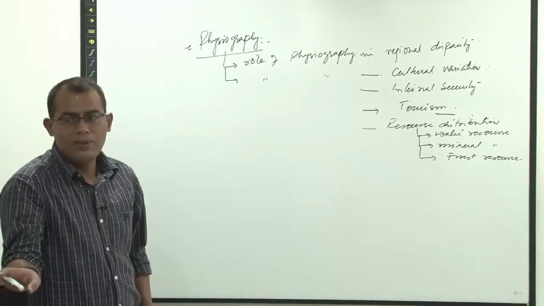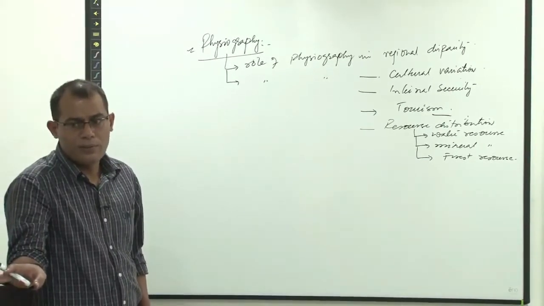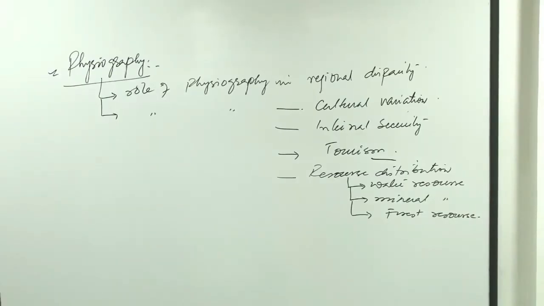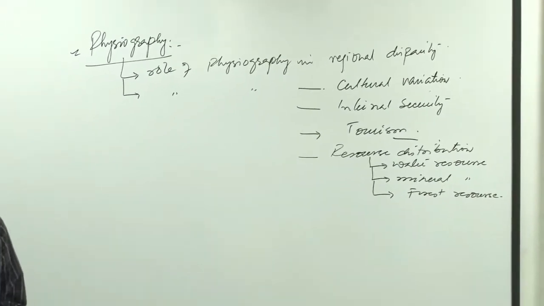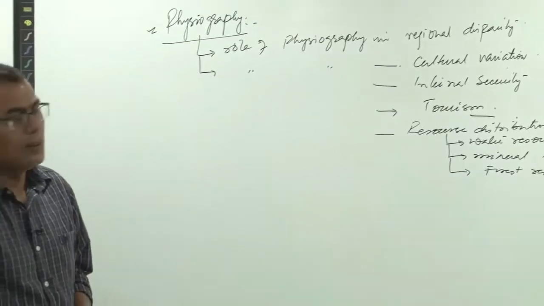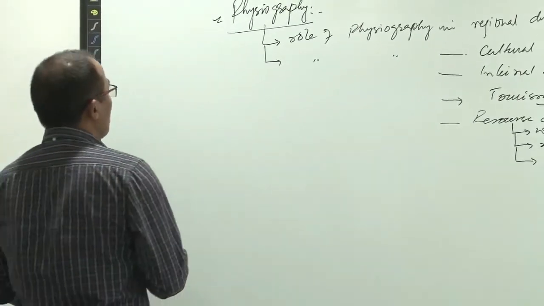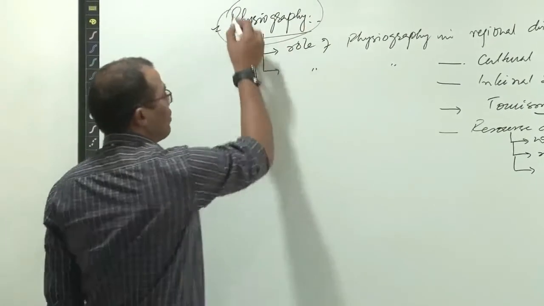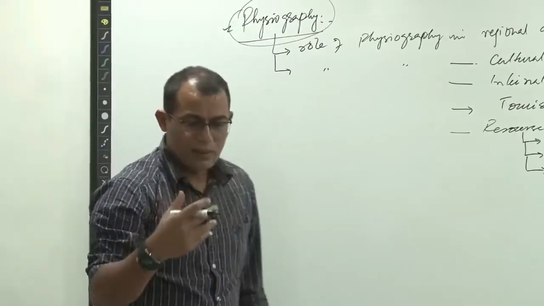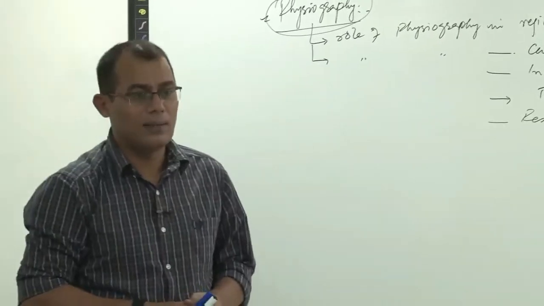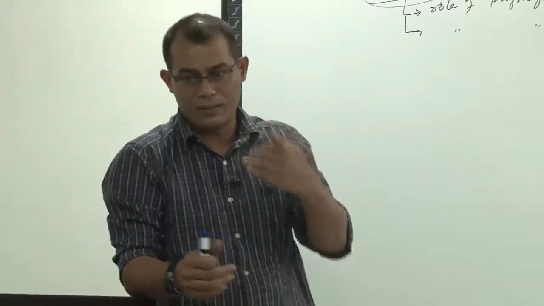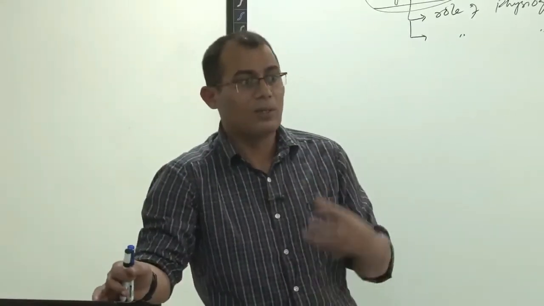Well, how is physiography different from topography? Physiography is physical features, right? Topography is the minor features of that, right? In physiography, that's the holistic picture of that. For example, we divide India into 5 physiographic regions. So that is Himalayas or the northern mountains is one physiography, northern plain.